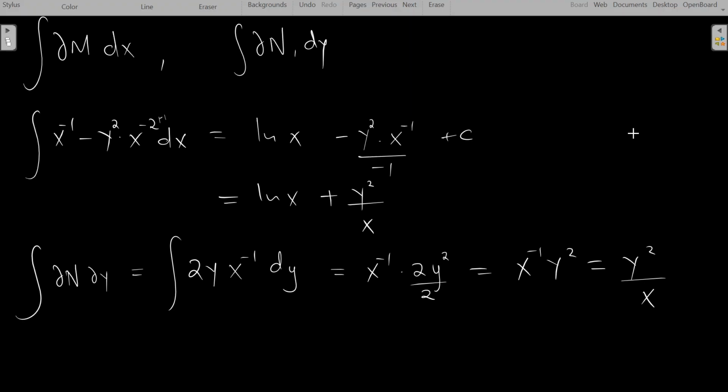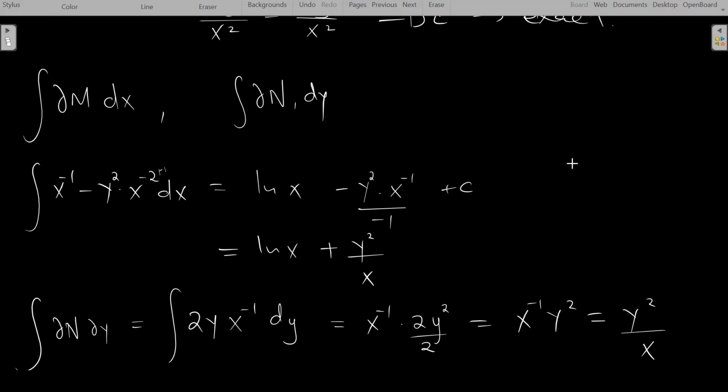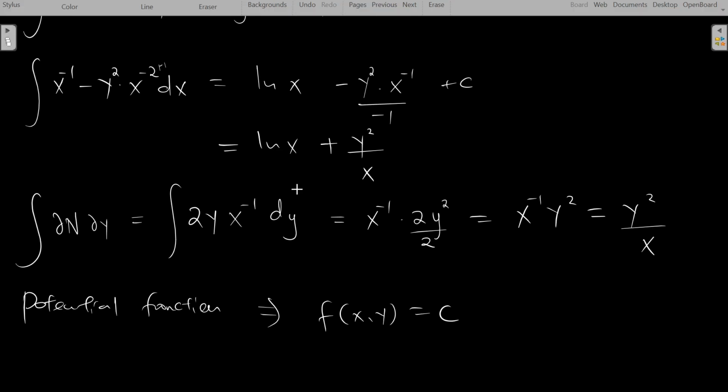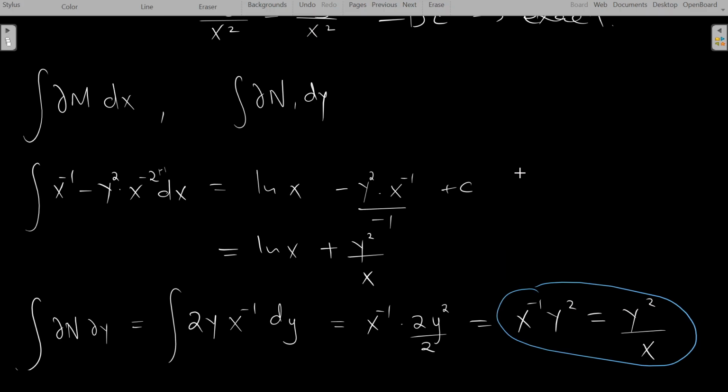Now, for us to get our potential function, which is our original function, I should write f of x y equal to a constant. I'll write the terms from the answers that we have gotten from the two integrals.